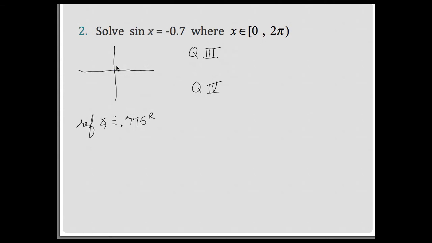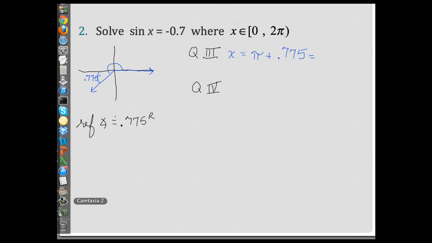If you envision, here's where your angle starts in the third quadrant, and we're trying to find how big this angle is here. Our reference angle, the 0.775, is this little distance in here. So in order to get x, we're going to take pi and go into the third quadrant 0.775. Go back to our calculator.